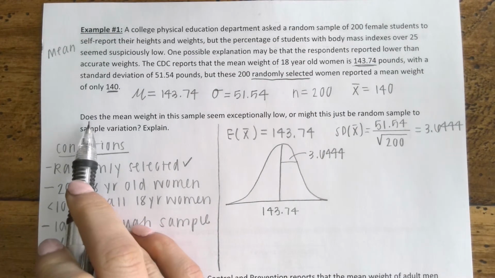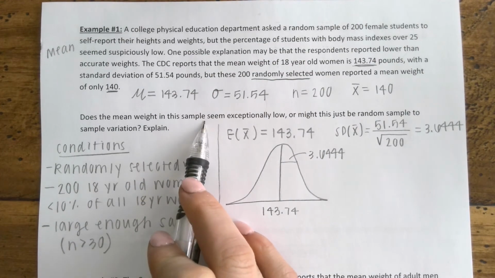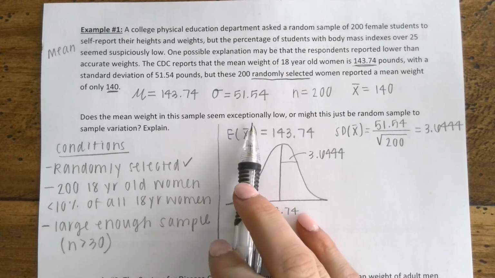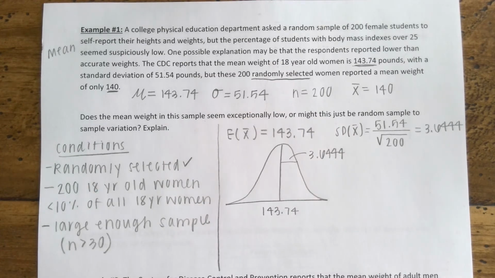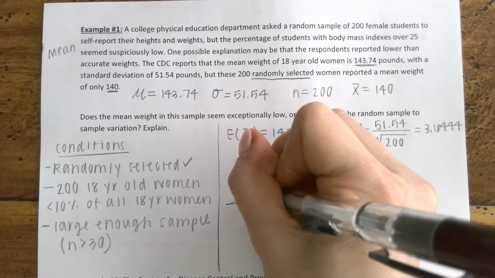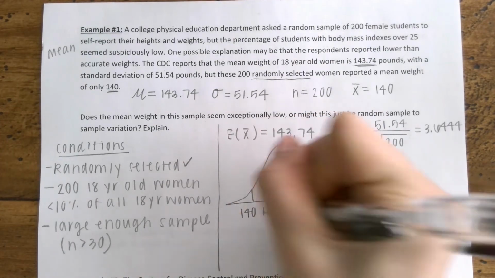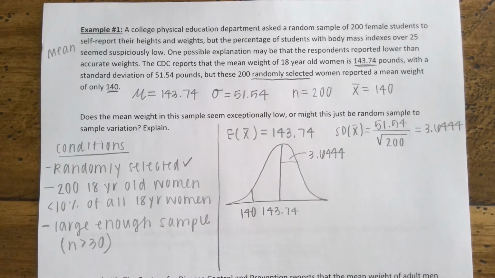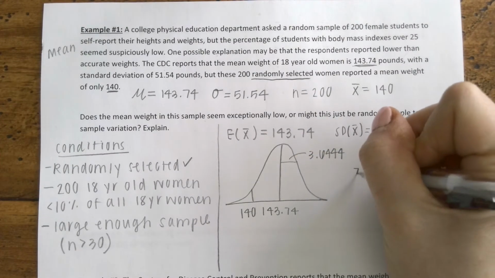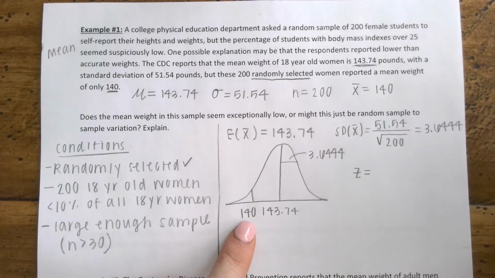Okay, now the question's asking me, does the mean weight in this sample, so that's the 140, does that seem exceptionally low? So I'm going to drop down 140, it's going to be somewhere over here. They're not asking me for a probability, so I'm not going to have any shading here. All I want to do is just change that 140 from my sample into a z-score to see how unusual it is.